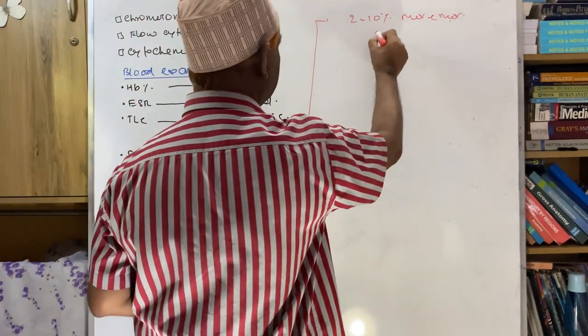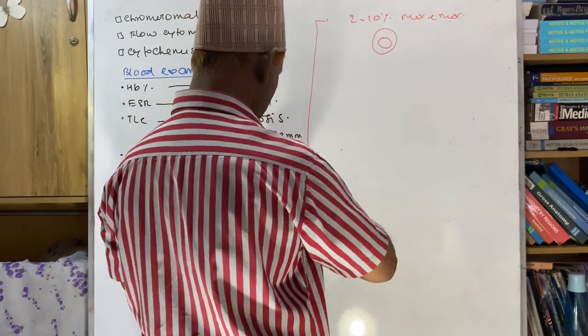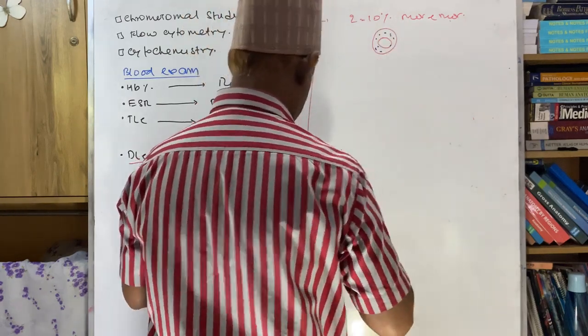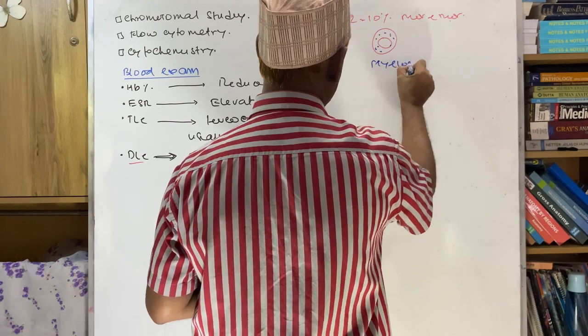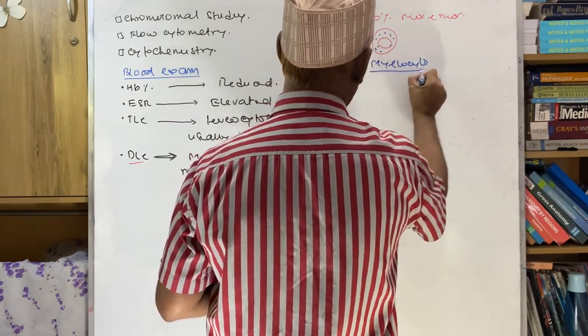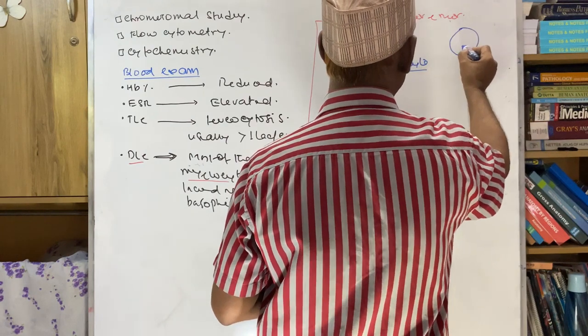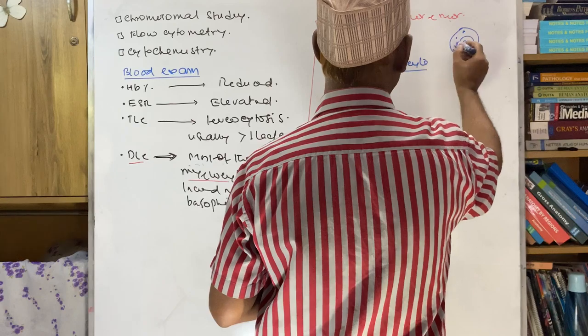So in DLC we will get most of the cells are myelocytes and metamyelocytes. Myelocyte, like this, is the nucleus, and the cytoplasm contains granules. So these are the myelocytes. Another cell we will get is the metamyelocyte, like this. This is the nucleus, and these are the granules.